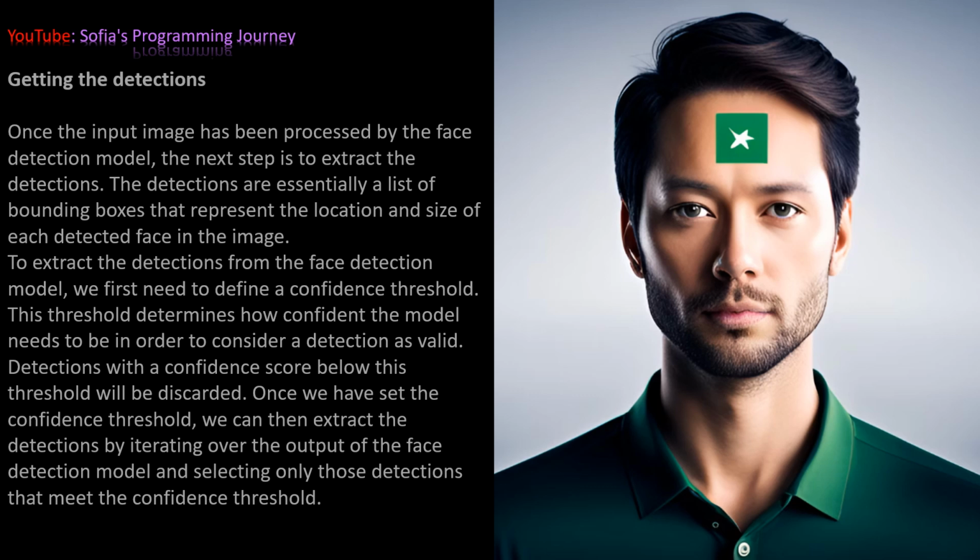This threshold determines how confident the model needs to be in order to consider a detection valid. Detections with a confidence score below this threshold will be discarded. Once we have set the confidence threshold, we can then extract the detections by iterating over the output of the face detection model and selecting only those detections that meet the confidence threshold.